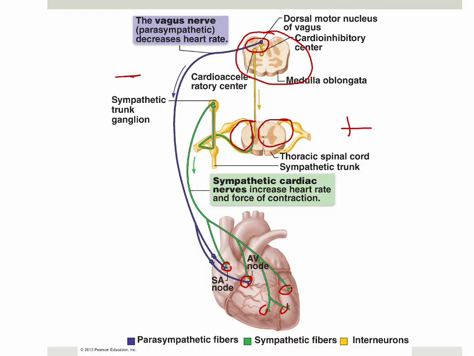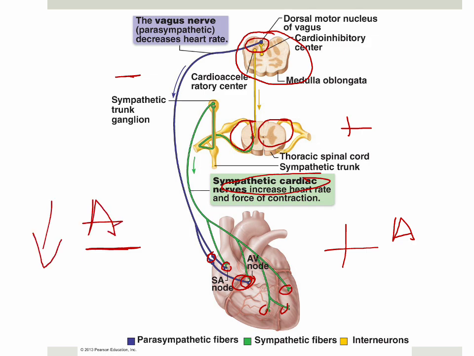Meaning the sympathetic nerves are meant to increase or accelerate the heart function, aided by adrenaline. On the other side, we want to decrease, and these blue nerves do the opposite, decreasing the heart rate, aided by acetylcholine. So acceleratory increases, inhibitory decreases. Parasympathetic decreases, sympathetic increases.